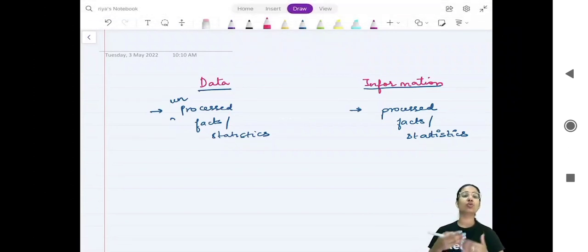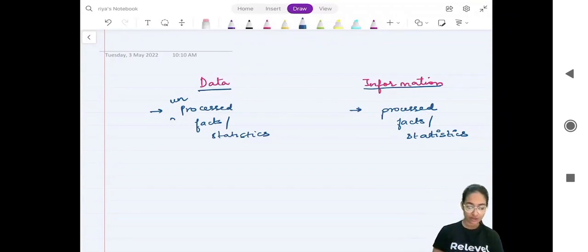But when they use the IP addresses and simultaneously store my name, my age, my address, and then use it to draw the analysis that a certain number of people, or a certain age group of people, are coming to their website more, that is information now. When you are processing some information, when you are drawing some analysis based on the data, that's when it actually becomes processed, and that's when it is called information.